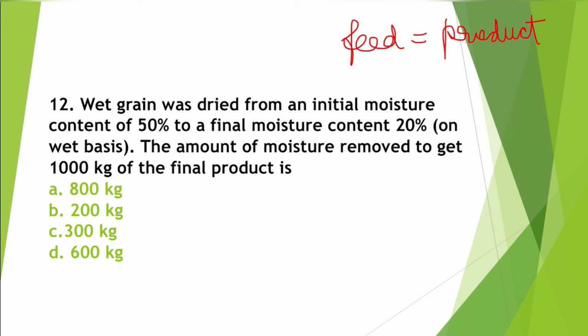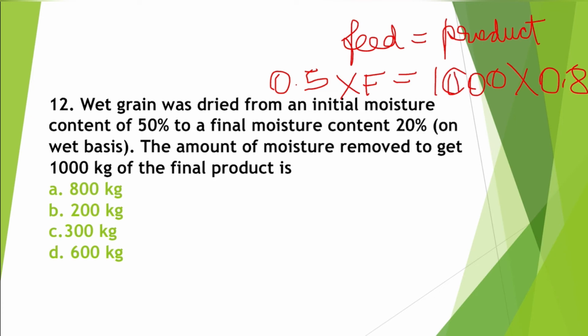Our feed was the wet grain, so solid input equals solid output. So 0.5 into F, that is our feed, equals 1000 into 0.8.